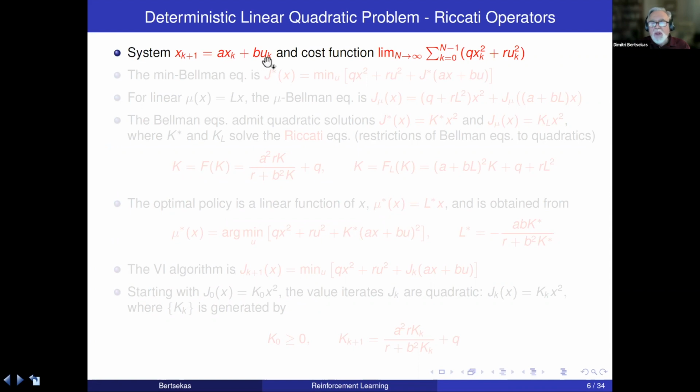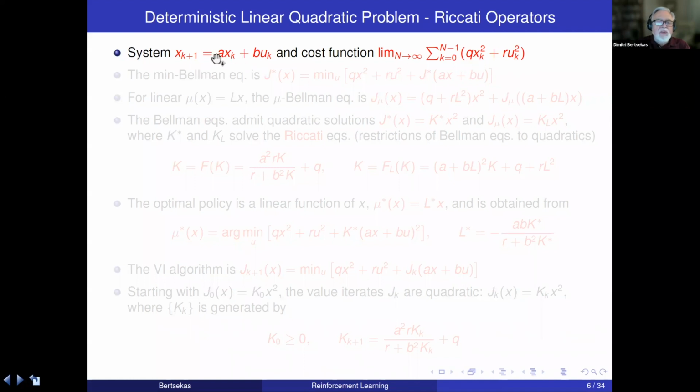The control is one-dimensional, a real number. Xk is the state, again, a real number. And the cost function is undiscounted quadratic. There's a quadratic cost on control with R. R is a positive number, and there's a quadratic cost per stage for the state. Q is a positive number again, and we take the limit over an infinite number of stages.